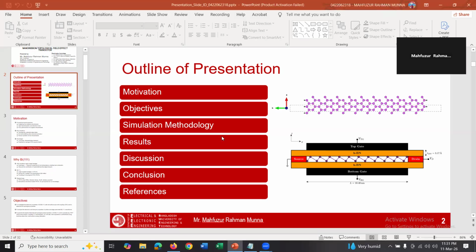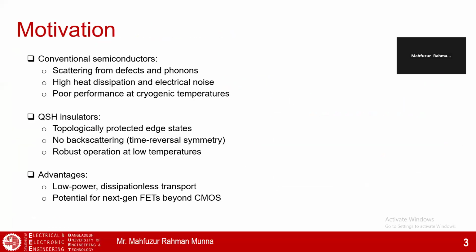So the main motivation of choosing bismuth is its large inverted band gap, and moreover, quantum spin-Hall insulators as a whole have topologically protected resistors. Moreover, they exhibit robust operation at low temperatures.